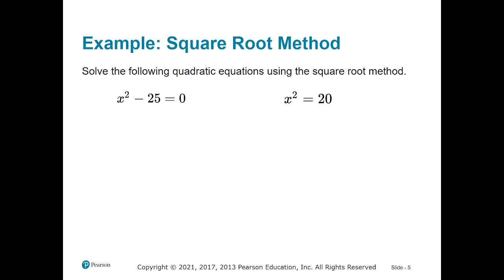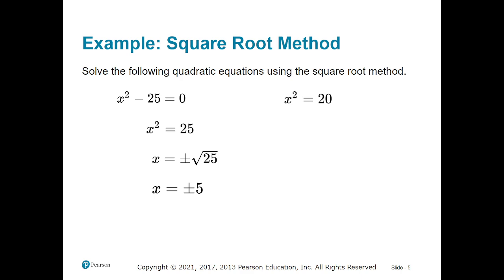And we said the square root method form looks like x squared equals c. So if I move this 25 to the other side, then I'll have x squared equals 25. And then for my square root method, I know that x has to be plus or minus the square root of 25. Well, if we recall our back burner of the mind and we say, well, 25 is actually a perfect square root, then we know that x has to be plus or minus 5.